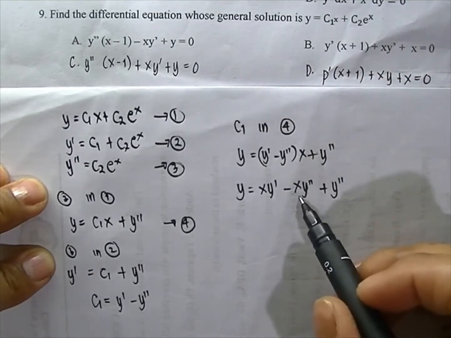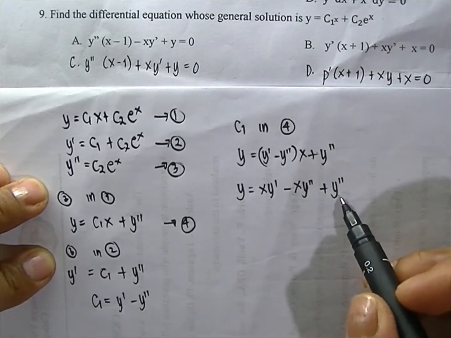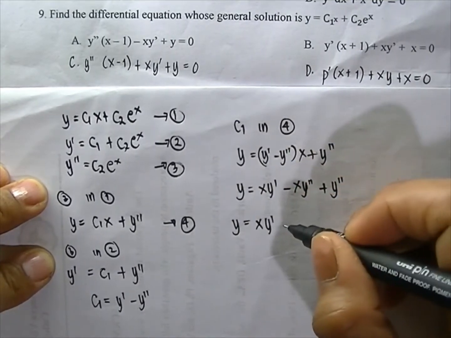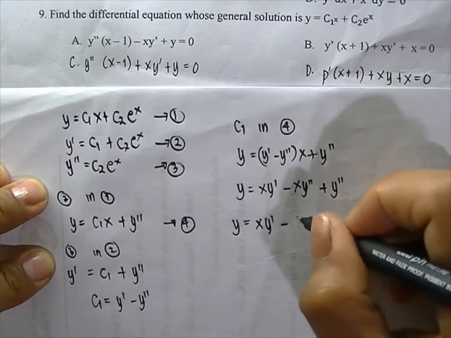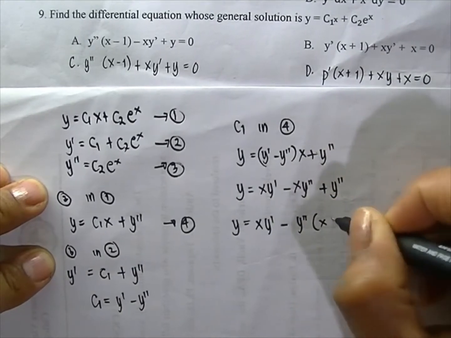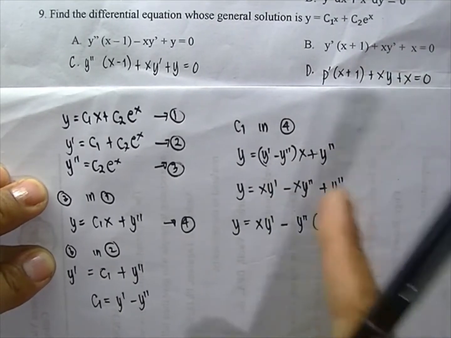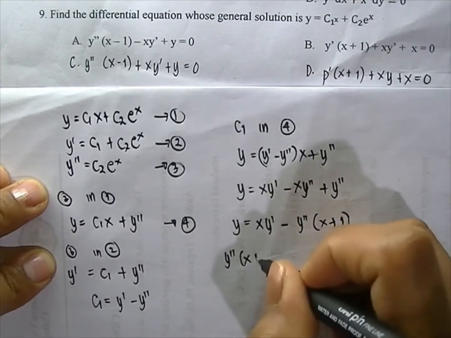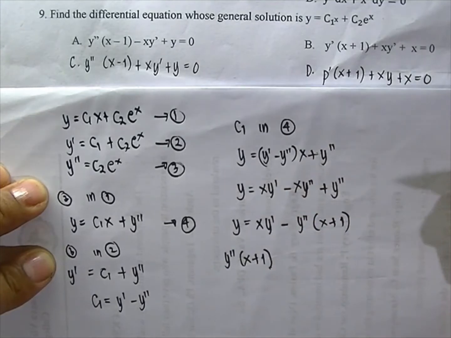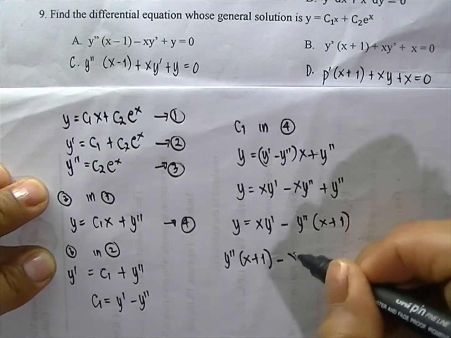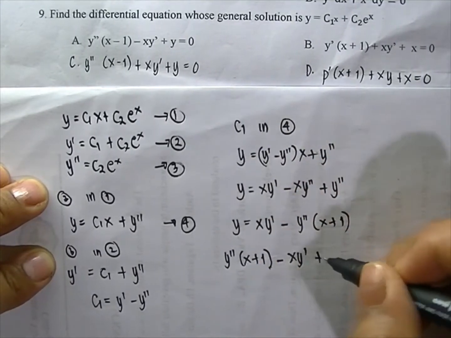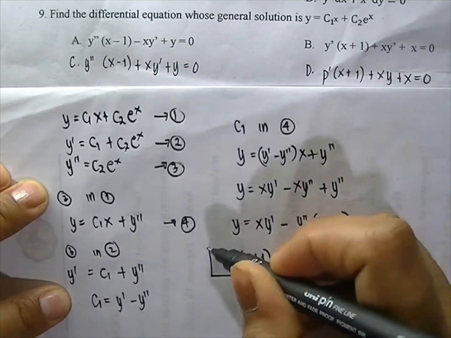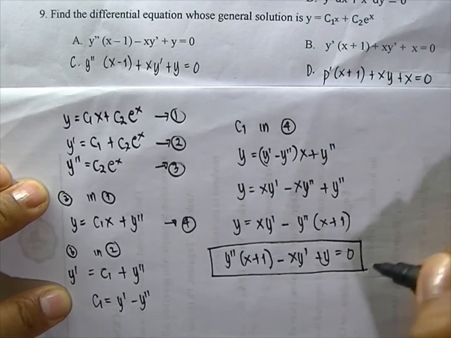So factor out y double prime. So we have y equals x y prime less y double prime (x plus 1). So transposed, we have y double prime (x plus 1) minus x y prime plus y equals 0. So this is the answer.